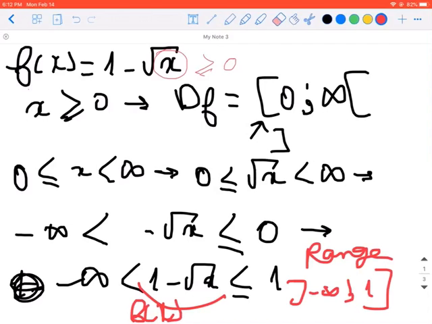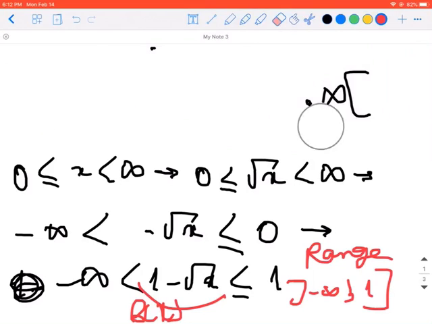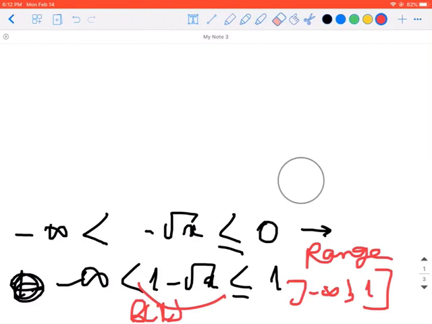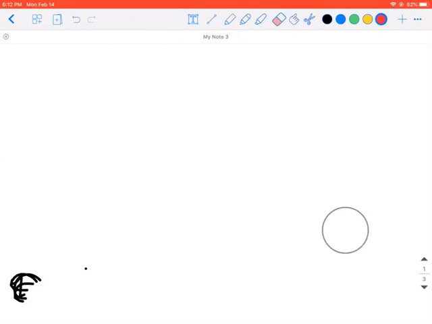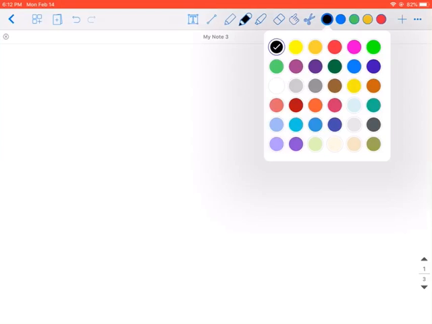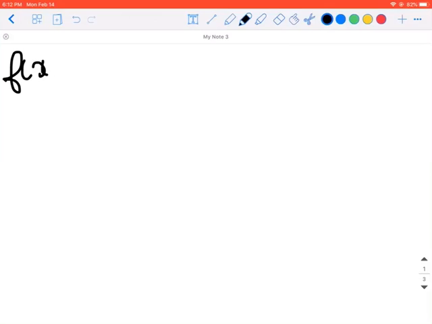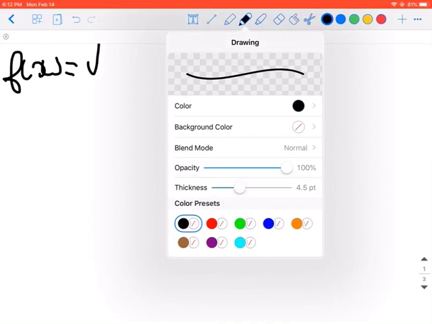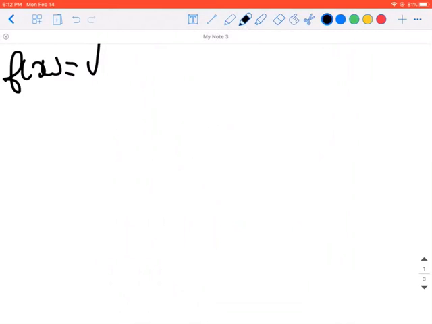let's give a third example. The function f of x equal to radical 5x plus 10.